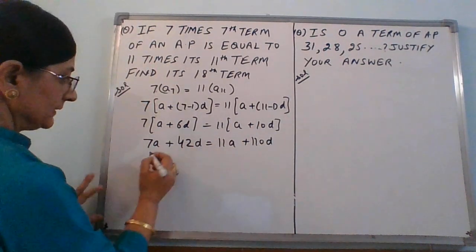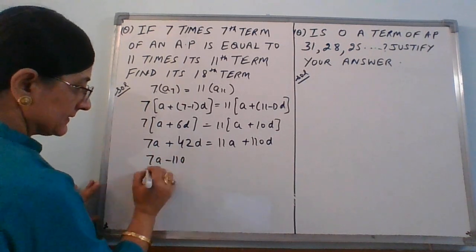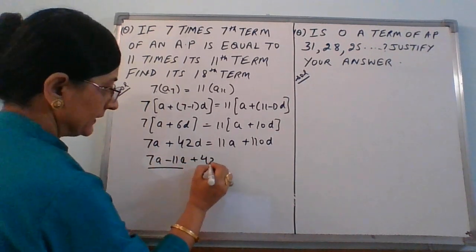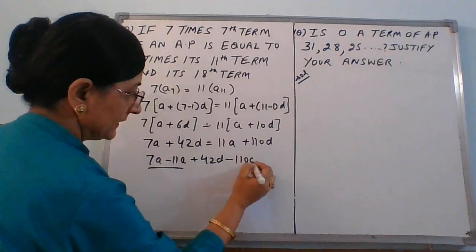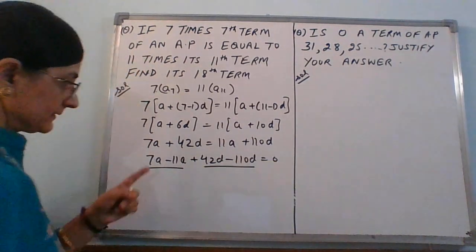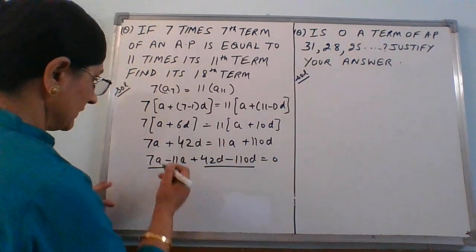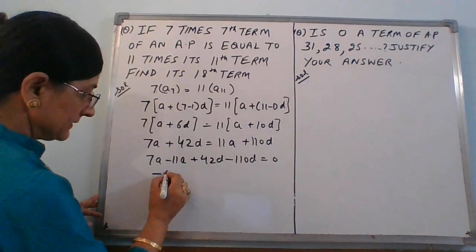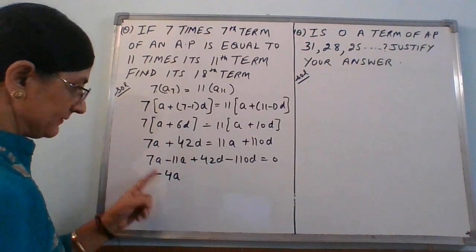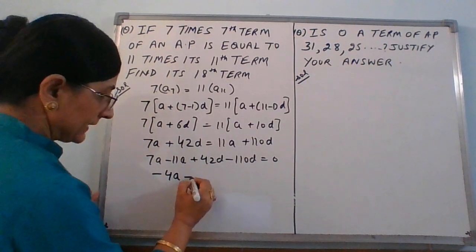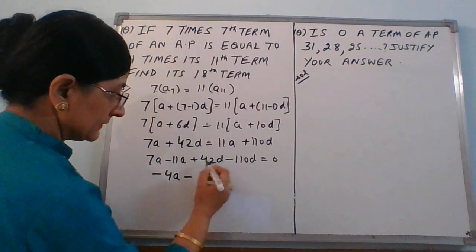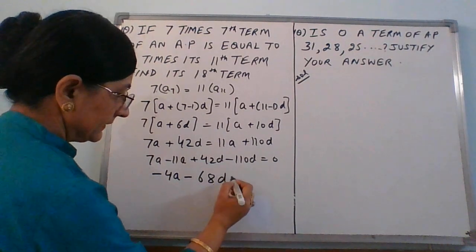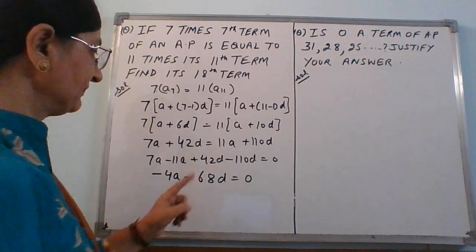So now bring to the left side. Keep the a terms together, right? 42d, and with it this 110d. These two are the like terms. Just solve them. Negative is greater, so minus 4a, since 11 minus 7 is 4. We take the sign of the bigger one, so the minus comes here. Here it's 68d.